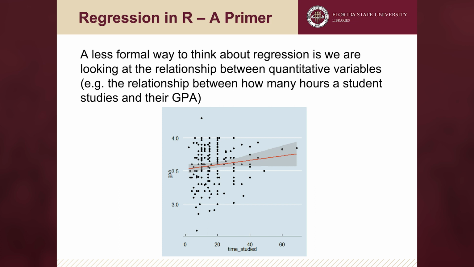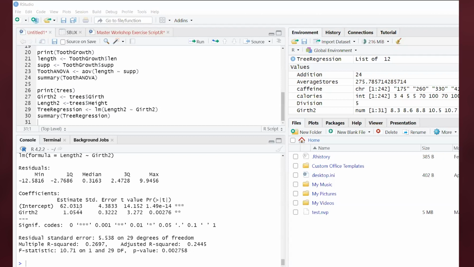And so in R, what this intercept is, is like if you had a formula of y equals mx plus b, or rather y equals your intercept plus your independent regression variable. So your predicted value of y is 62 point something plus this estimate for girth times however wide your tree was.